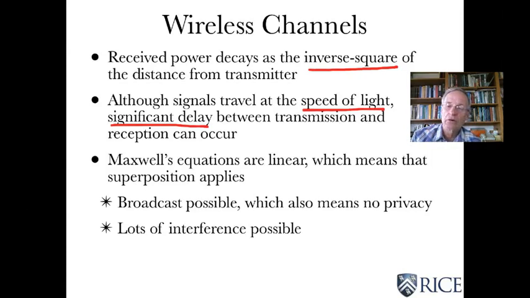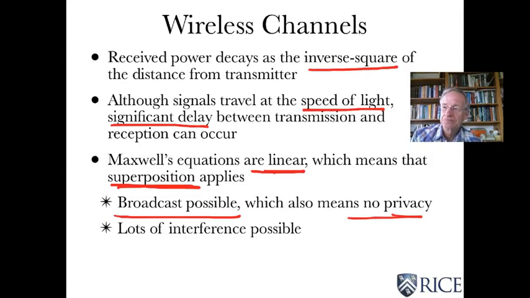It depends on distance, of course, and this really affects the satellite communication scenario. More importantly, Maxwell's equations are linear, and superposition applies, which has, as I pointed out, good and bad properties. No privacy, but this enables broadcast, so one radio antenna can send to lots of receiving radios.